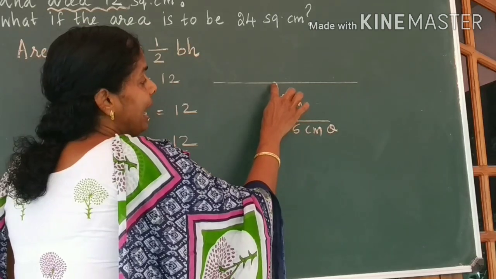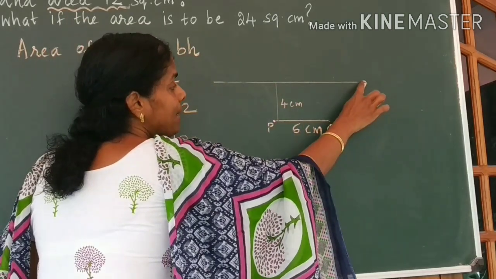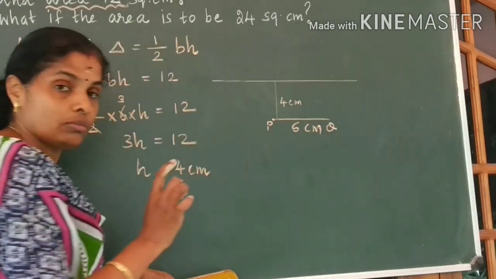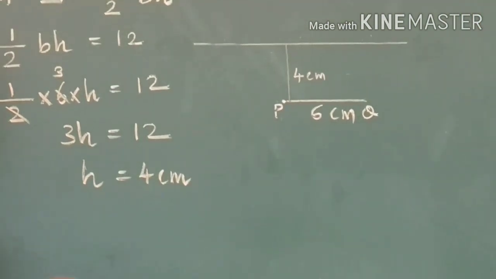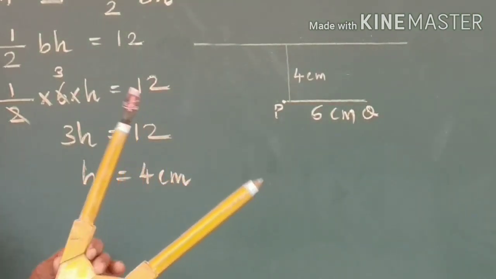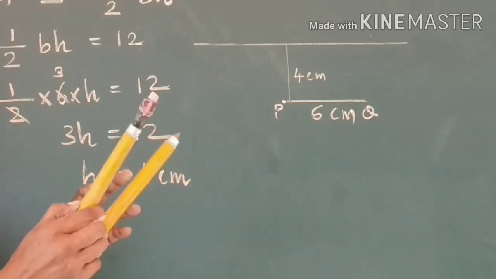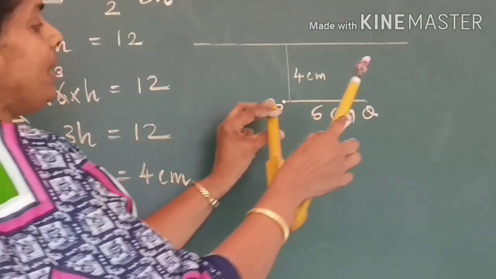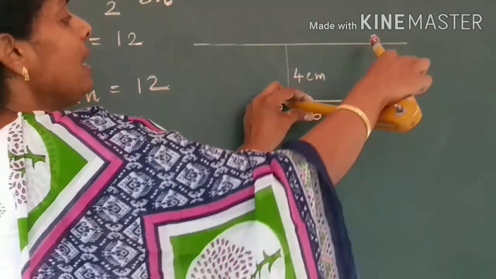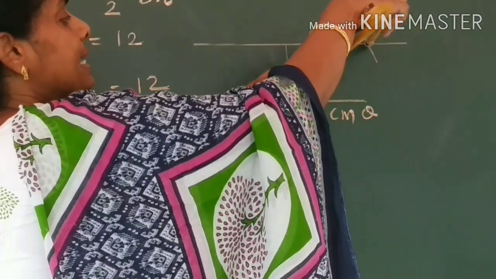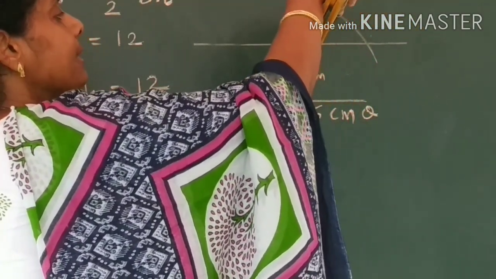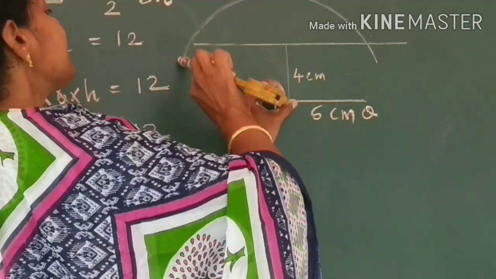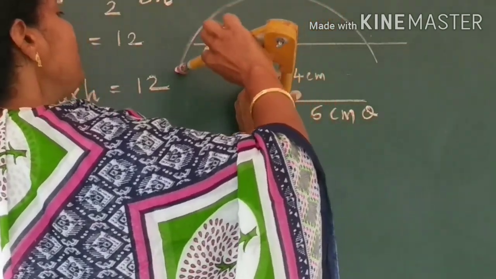Now I have drawn a line parallel to PQ. Now what you have to do, in your compass, take 8 centimeter and draw an arc. So when I keep my compass at P, here again you can understand, if you extend the arc it cuts this parallel line at two different points.